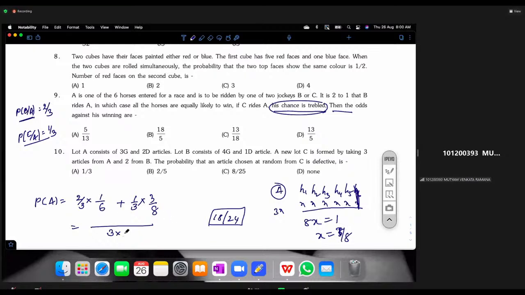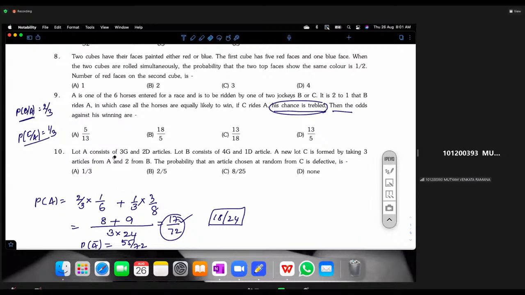Three into 24, 8 plus 9 is equal to 17 by 72. So this is the probability of A winning, and the probability of losing is 55 by 72. But there is no such case among the options here. So maybe their intention is that the probability of A is 3-fold of 1 by 3.